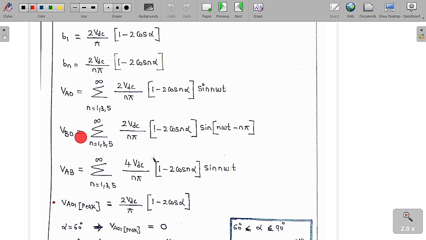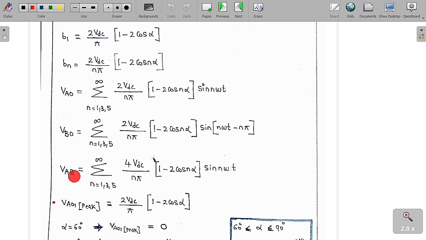Whereas VB0 is just a phase shift of pi. So therefore sigma n is equal to 1, 3, 5 up to infinity 2 VDC by n pi, 1 minus 2 cos n alpha into sin of n omega t minus n pi. So just by shifting, the Fourier series coefficients are still the same. The only thing is we need to shift by pi.